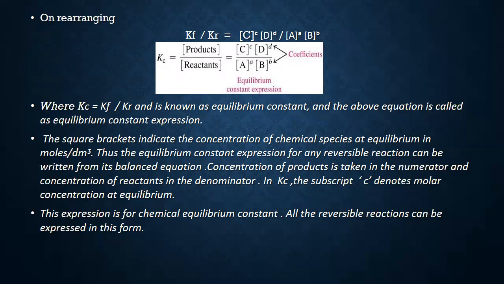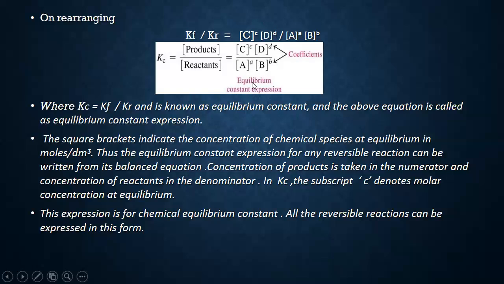Here Kf over Kr is equal to Kc, which is equal to products over reactants, that is C D over A B. The small letters which are written as powers are coefficients in a balanced chemical equation, whereas capital letters written in square brackets are the concentrations of products and reactants.